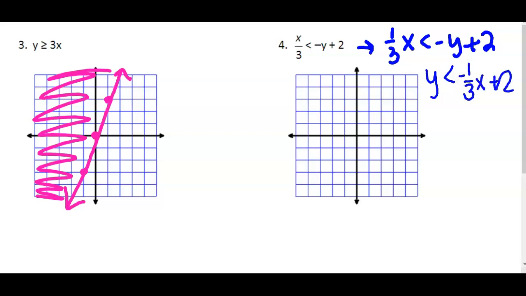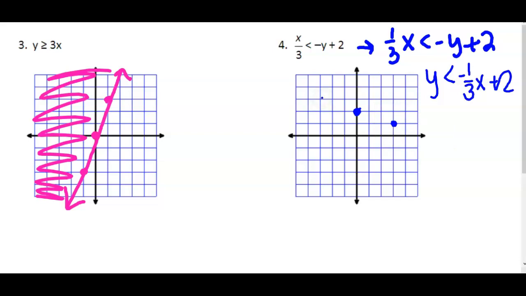What is my y-intercept? What is my slope? Negative 1/3. Okay, so that tells me that I'm going to go what to what? Down 1 and over 3, right?